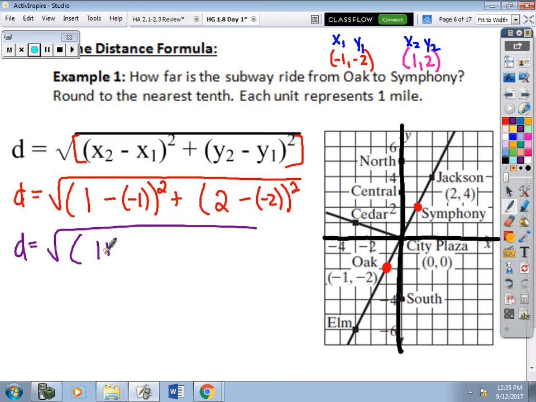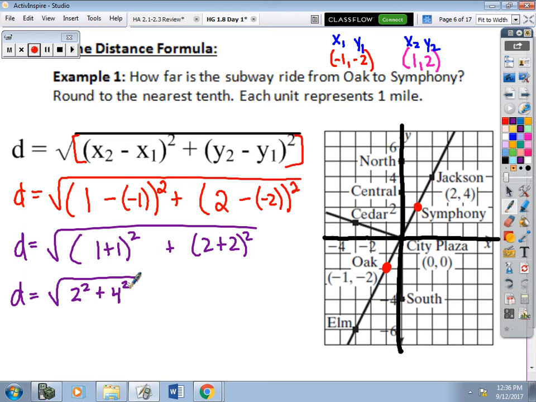This will become 1 plus 1 squared, and this will become 2 plus 2 squared. Just like we did in the bell ringer, you want to simplify order of operations, parentheses first, so we'll get 2 squared plus 4 squared.